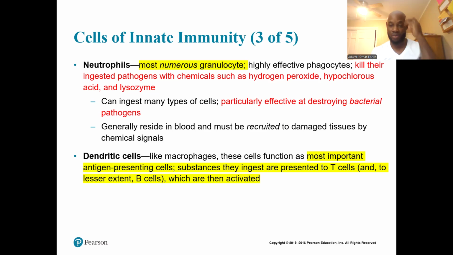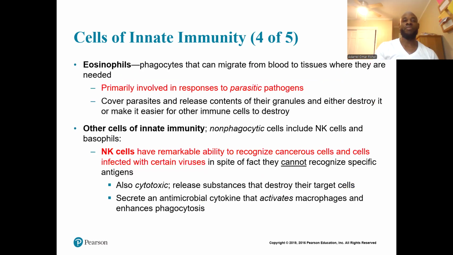Substances they ingest are presented to T cells and also to B cells, which are then activated, right? And B cells and T cells help with the adaptive immunity, especially. We also have eosinophils, so phagocytes that can migrate from the blood to tissue, primarily involved in parasitic pathogens.